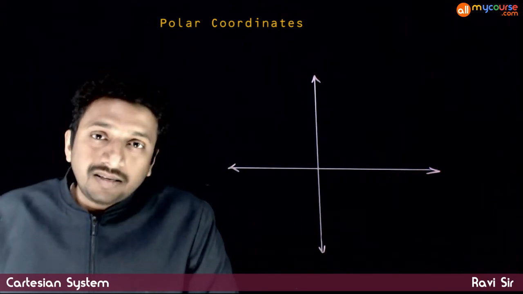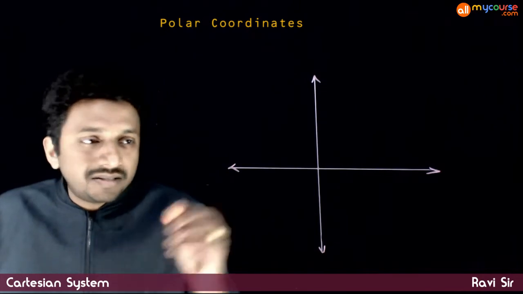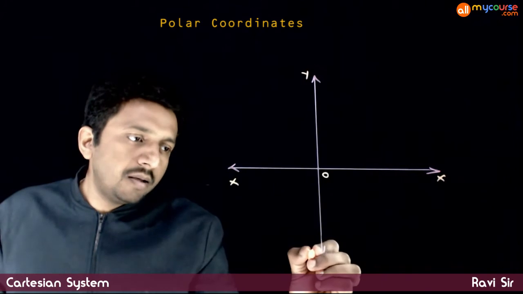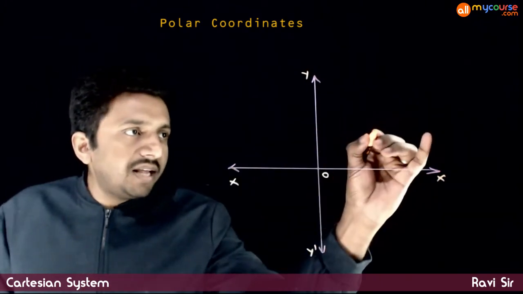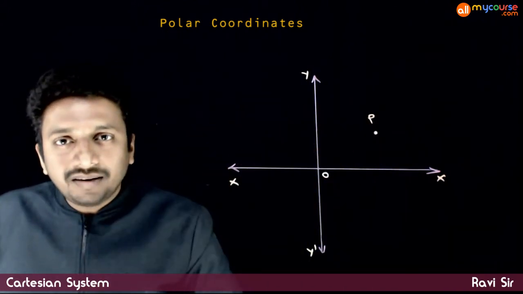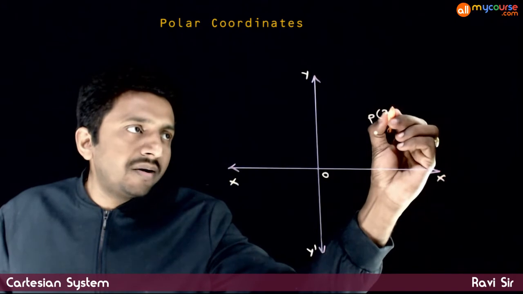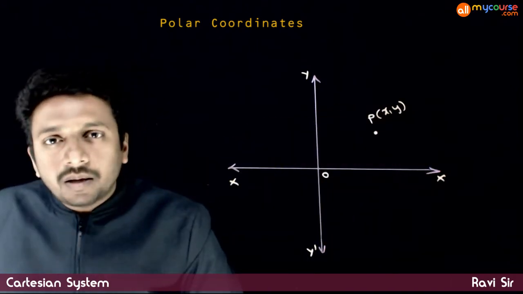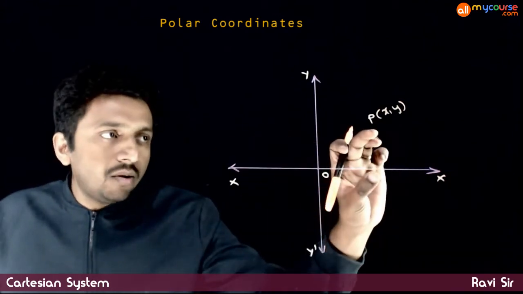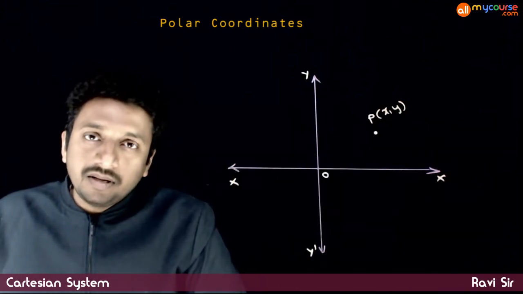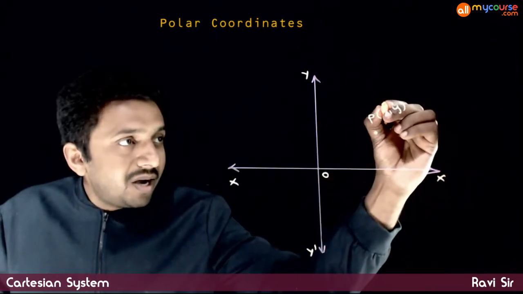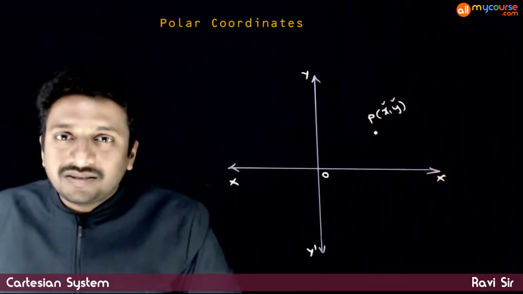We have already seen that in a Cartesian coordinate system, we have x-axis and y-axis, and if you take any point P on this xy plane, you can represent it using two coordinates x and y, where x coordinate is the distance from y-axis and y coordinate is the distance from x-axis.